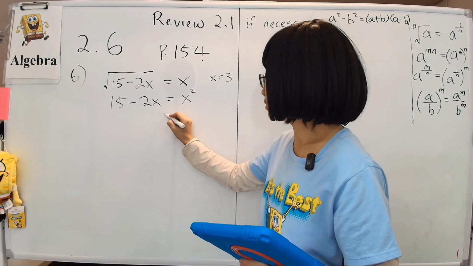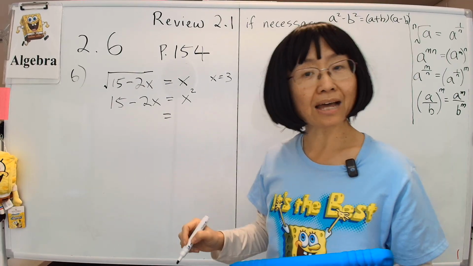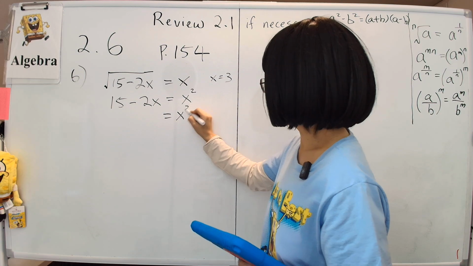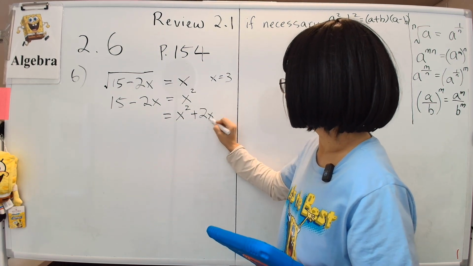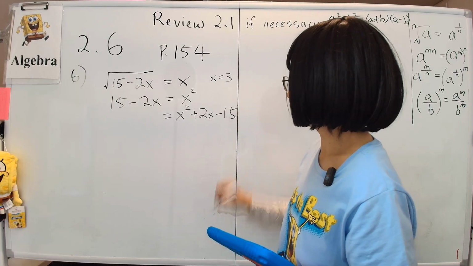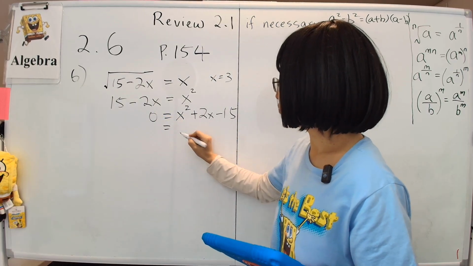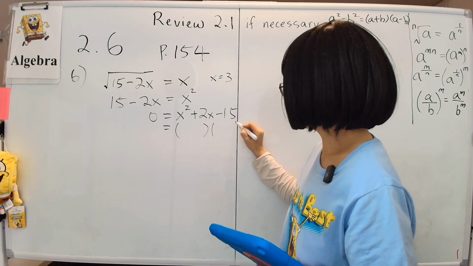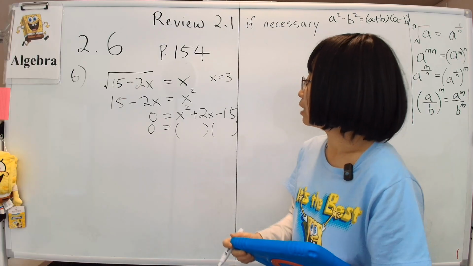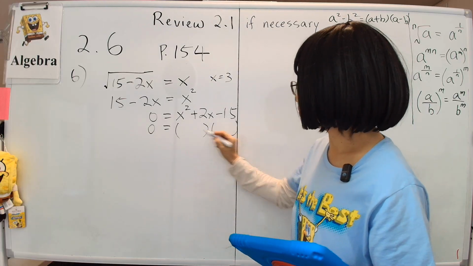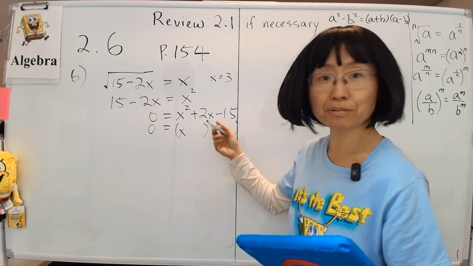And then we are going to write everything on the side of the highest x power. So we have this thing, x squared plus 2x, and then minus 15, right? And this side will be 0. I moved everything here. And then we solve for x, and x will be equal to 2 things. What would that be? That would be x. Let's do this trick from, I don't know, section 2.1 or something.